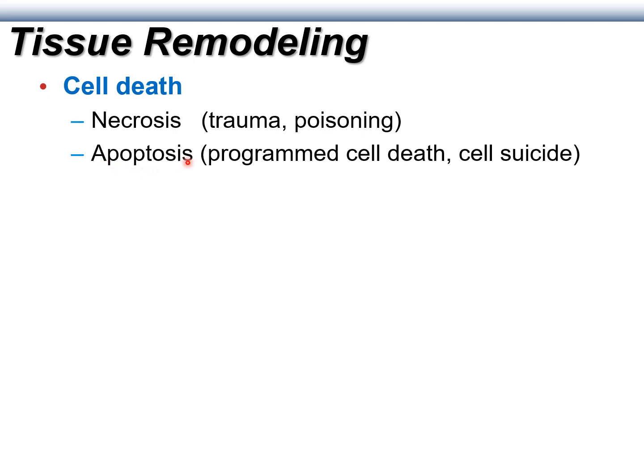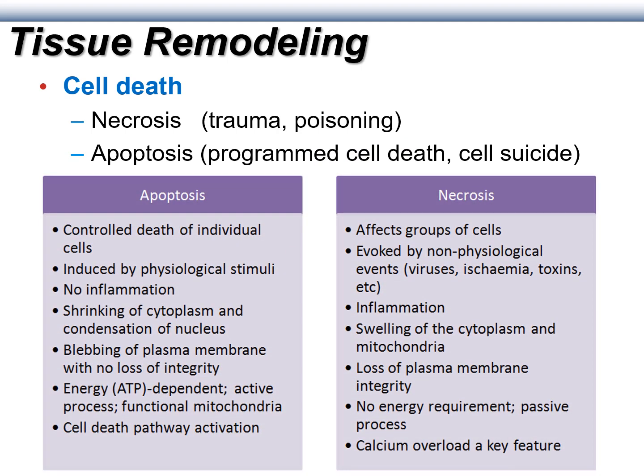We also have, at the opposite end of the spectrum, what is known as apoptosis. Cell suicide is a poor choice of words, I think. What we mean is intentional cell death, programmed cell death. These cells die because either their default pathway to die is activated or some other signal is inducing them to undergo cell death.